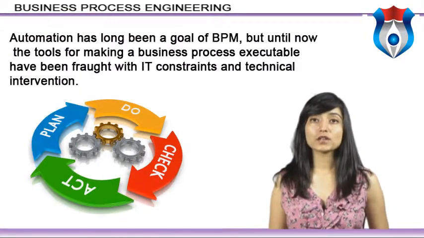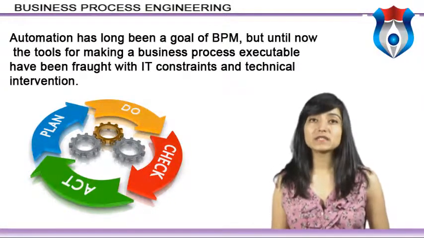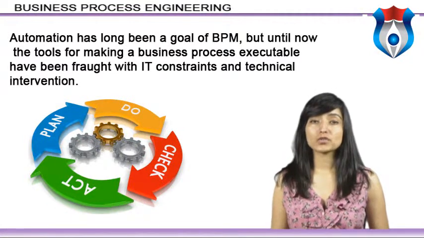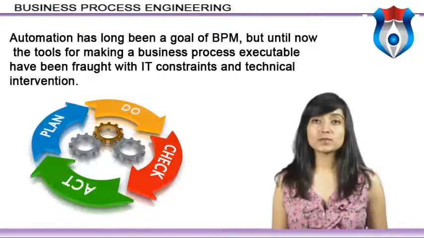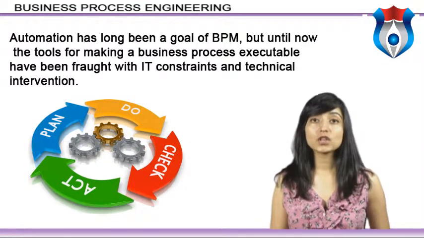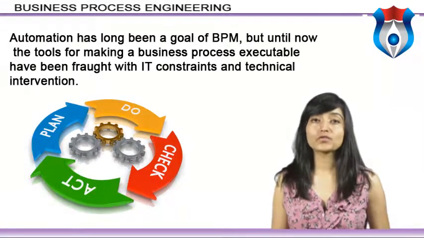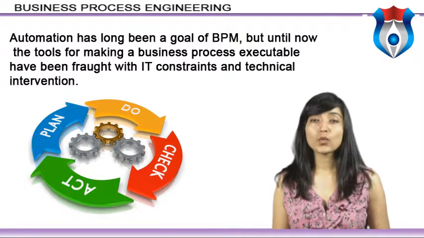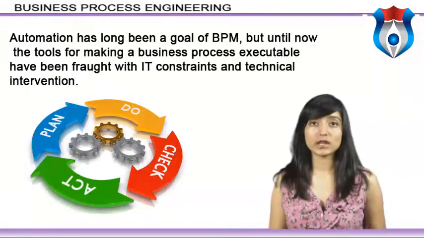Automation has long been a goal of BPM, but until now, the tools for making a business process executable have been fraught with IT constraints and technical intervention. Only now it is possible to take a business process model, make associations with human workflow and IT applications, and place the flow of these activities under the control of an automated system without the need for specialized coding effort to tie it all together.